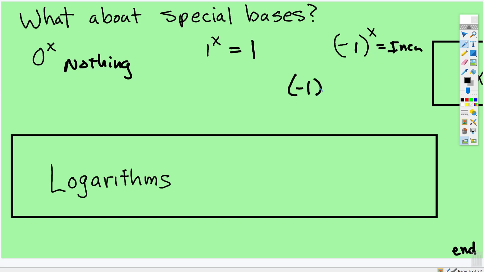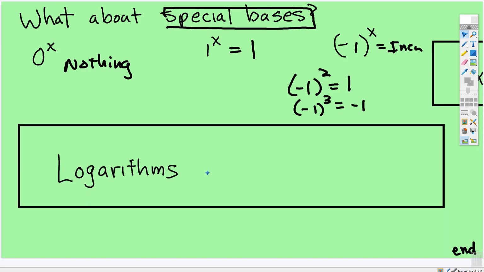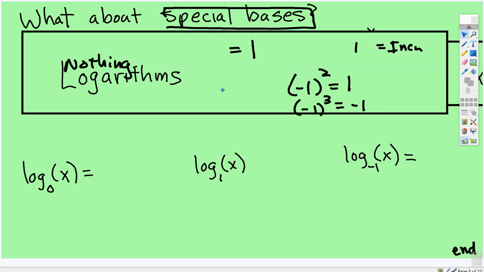If you have negative 1 squared, that equals 1. But if you have negative 1 cubed, that equals negative 1. And so it's problematic. So for these special bases, 0, 1, and negative 1, you're not going to have those in this course, or in any high school course working with properties of logarithms or solving equations.